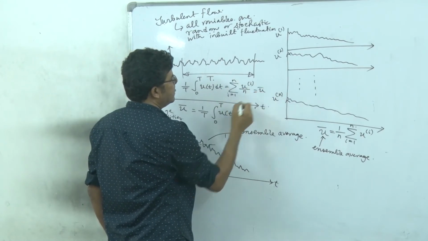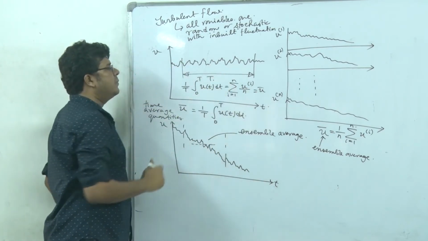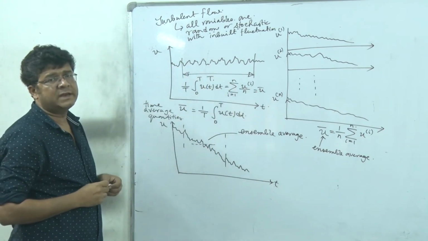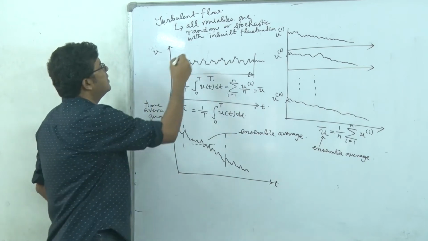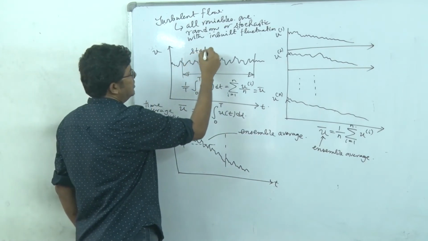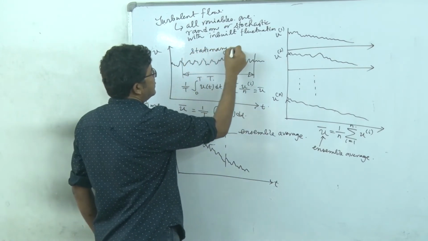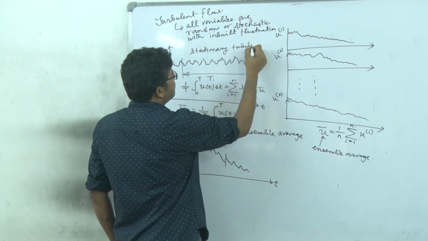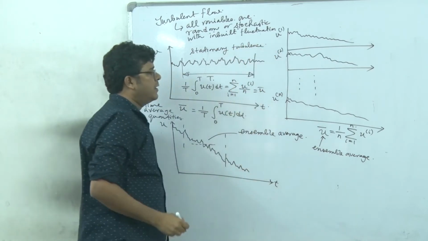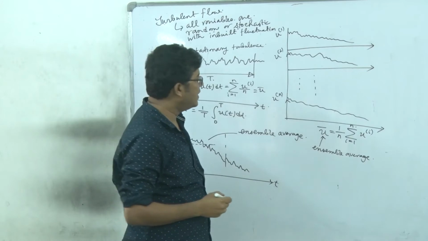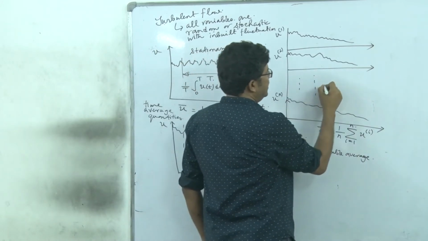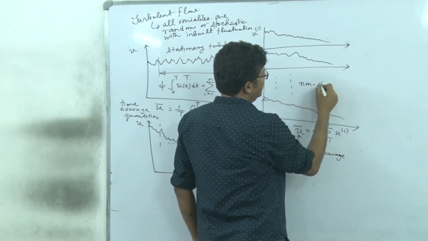So this type of turbulence where the mean quantity is not changing with time is called stationary turbulence, whereas here the mean quantity is changing with time, so it is called non-stationary turbulence.